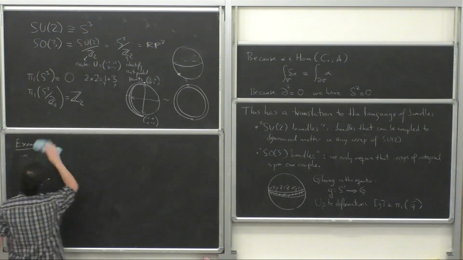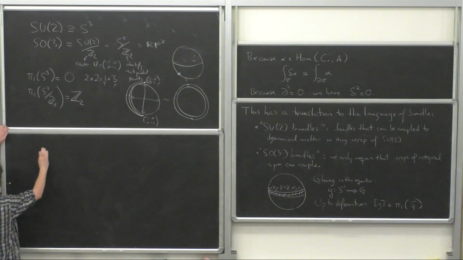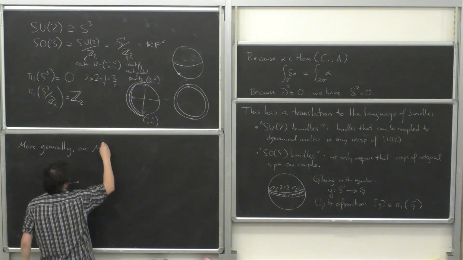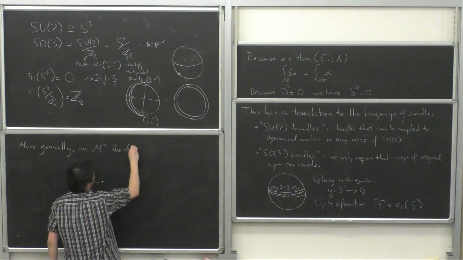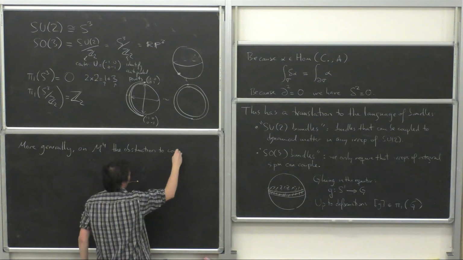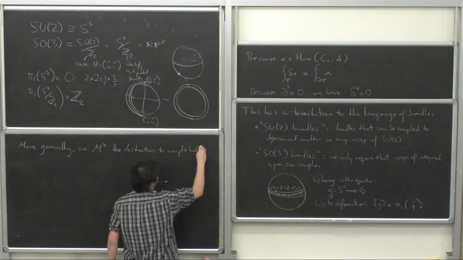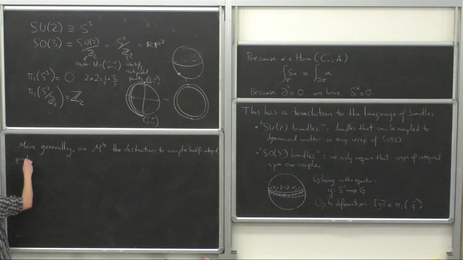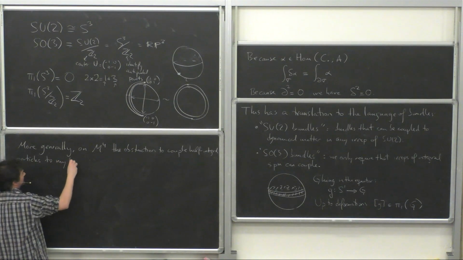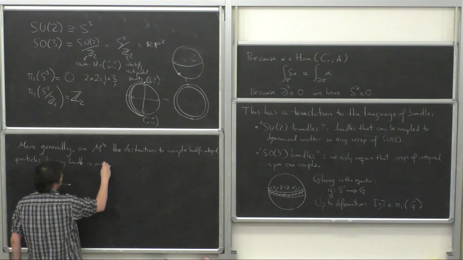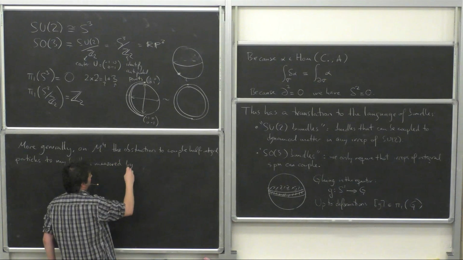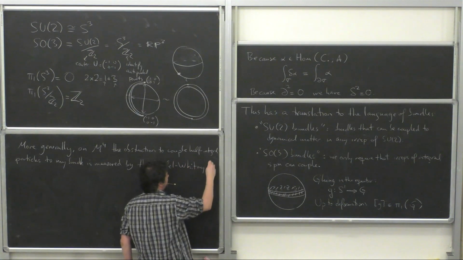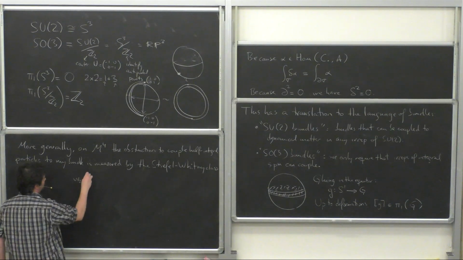Okay, so more generally, on some four-manifold M4, the obstruction to couple half-integral states or particles to my bundle is measured by the Stiefel-Whitney class, known as W2 of my bundle.